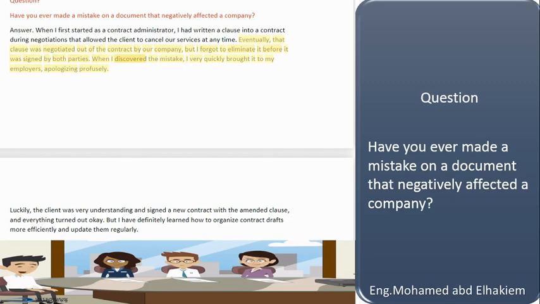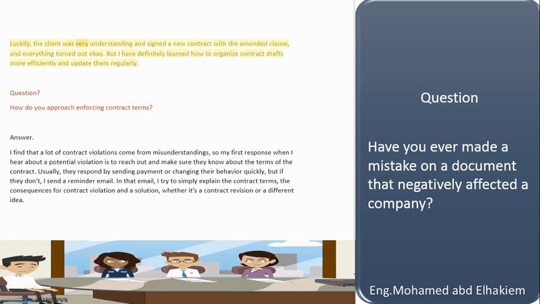When I discovered the mistake, I very quickly brought it to my employers, apologizing profusely. Luckily, the client was very understanding and signed a new contract with the amended clause, and everything turned out okay. But I have definitely learned how to organize contract drafts more efficiently and update them regularly.